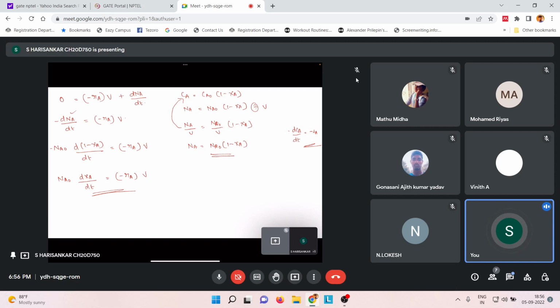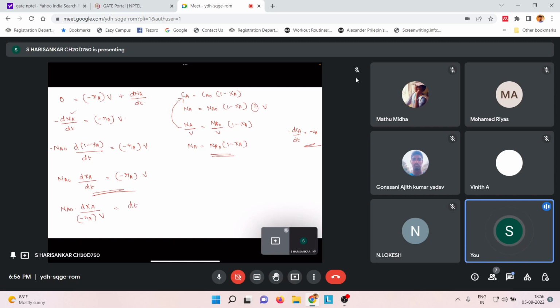Now all we have to do is just integrate this. So we'll take Na0 into dXa by minus Ra into V is equal to dt.